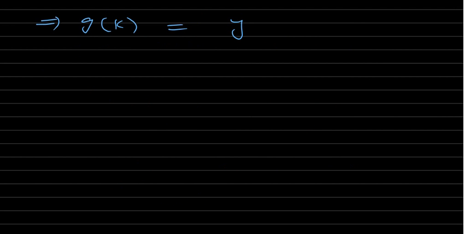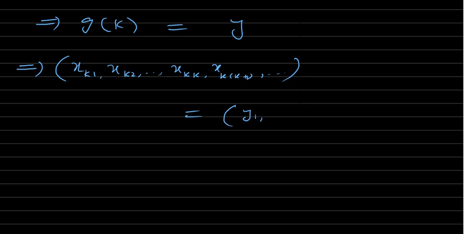By definition, what is g of k? g of k is x k1, x k2, and at the kth place what will be there? x k k, then x k k plus 1, and so on and so forth. It will be equal to this y. What is y? y is y1, y2; its kth entry will be y k, and after this will be the k plus 1th entry, and so on and so forth.